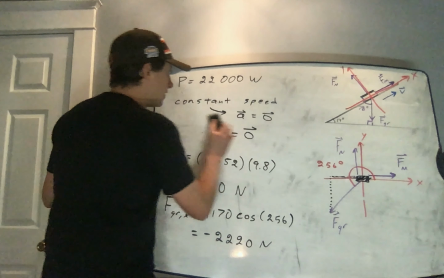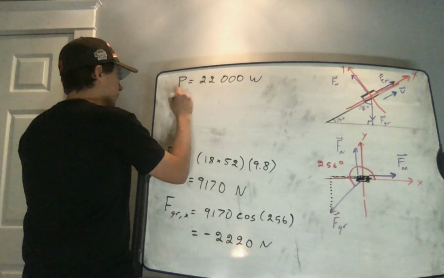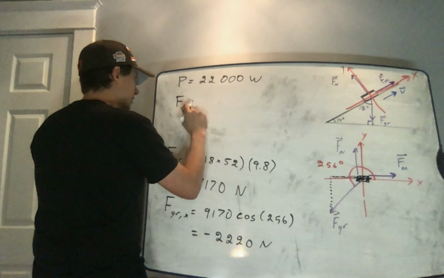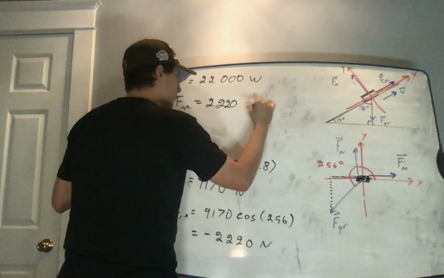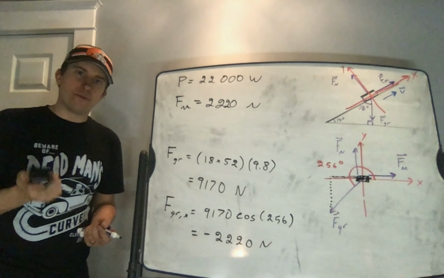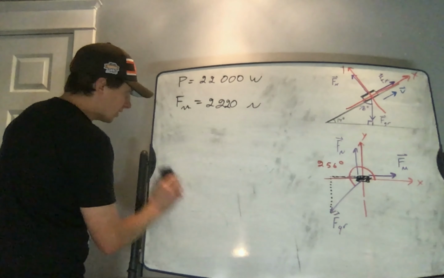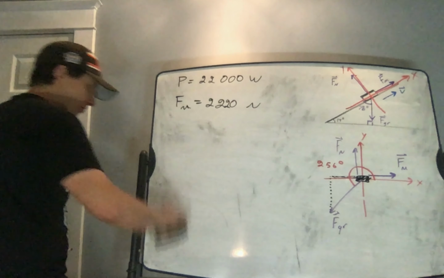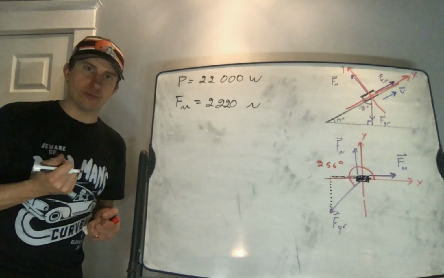Now that I know the force of the motor, I could write the force of the motor is equal to 2220 newtons. We can begin to solve for the speed at which the skiers are ascending the slope. We are given information about the power of the motor. We now know the force with which the skiers are being pulled.